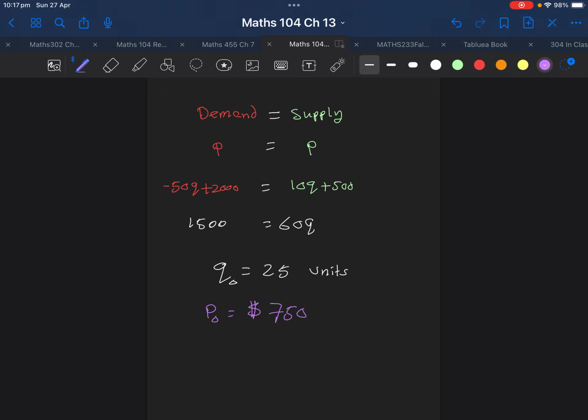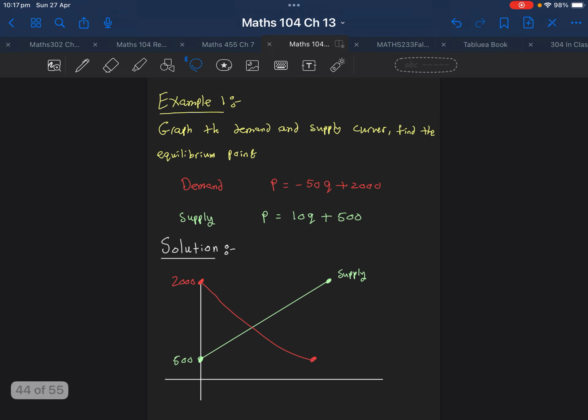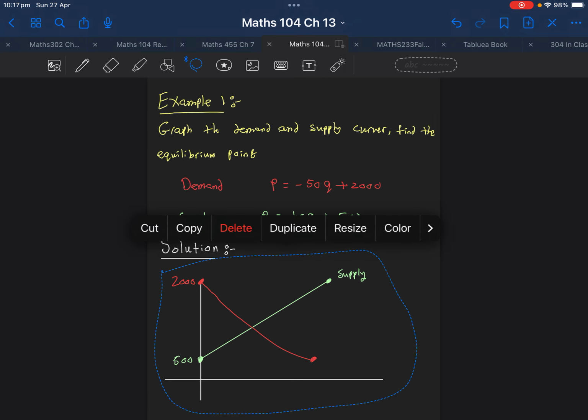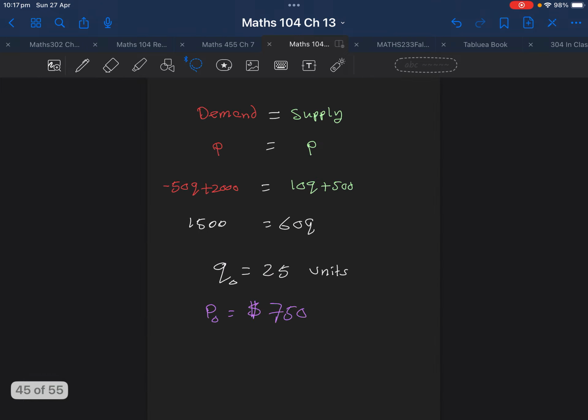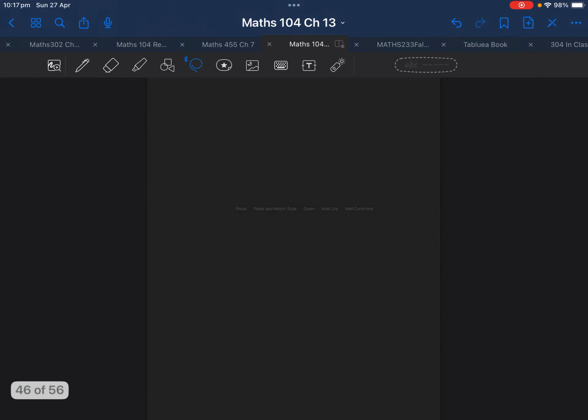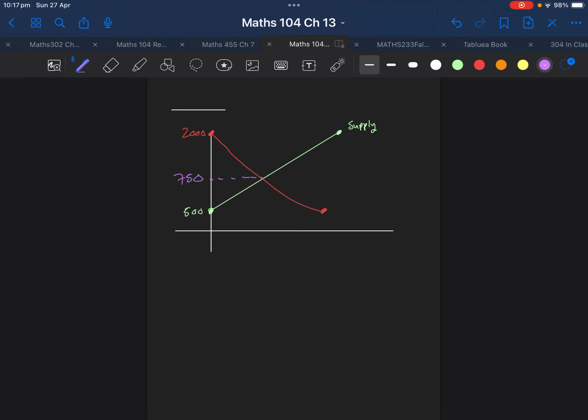So if we go back to our curve here, let me just take it back. If I just go back, this will be here. I'll get 750 for 25 units.